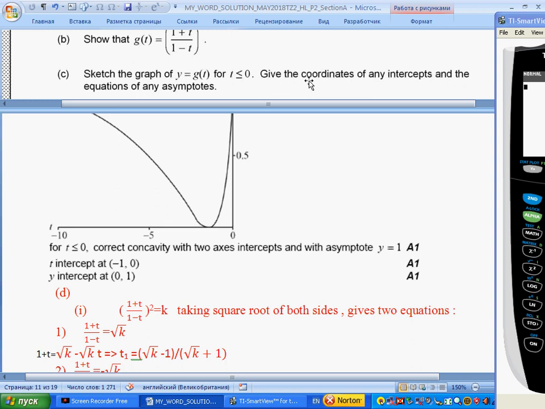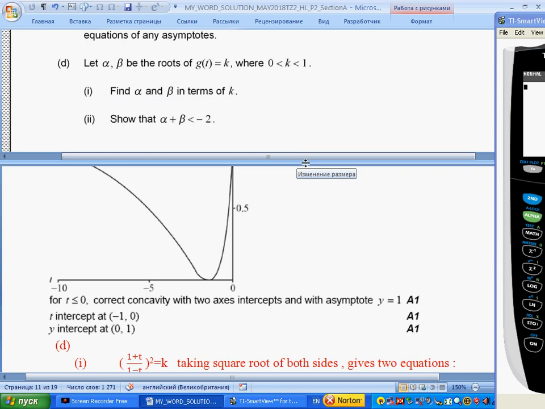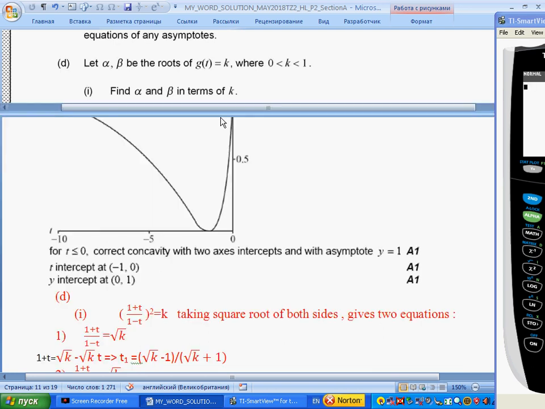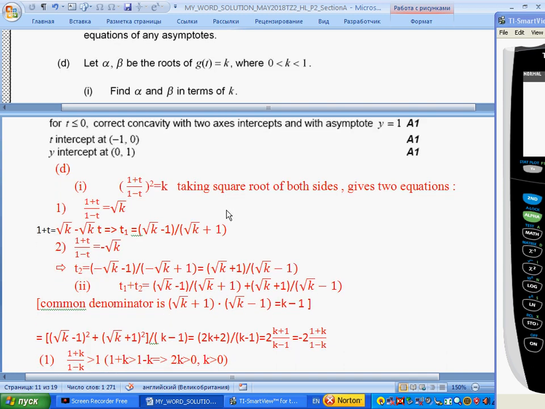Okay, let's see what we need. Right, so now algebra. Let alpha and beta be roots of g(t) equals k. Find alpha and beta in terms of k. It's very easy, so you write the expression and take the square root of both sides.